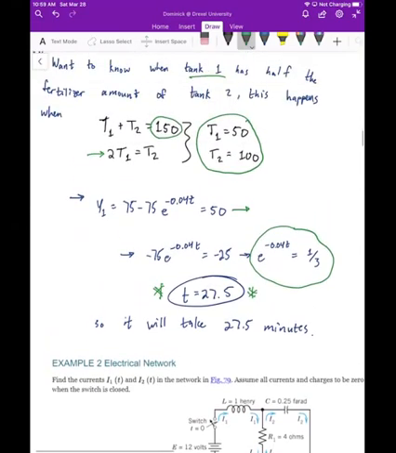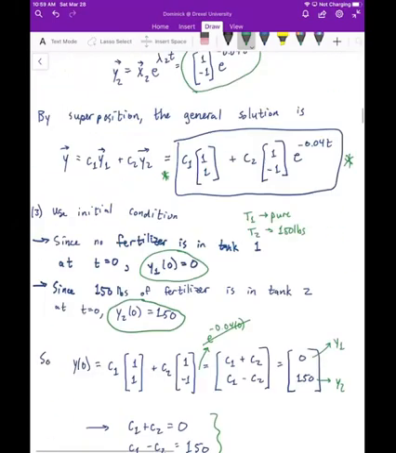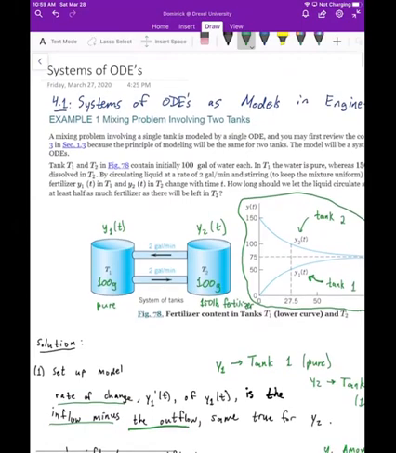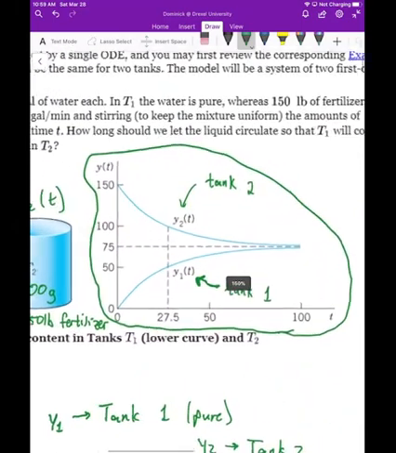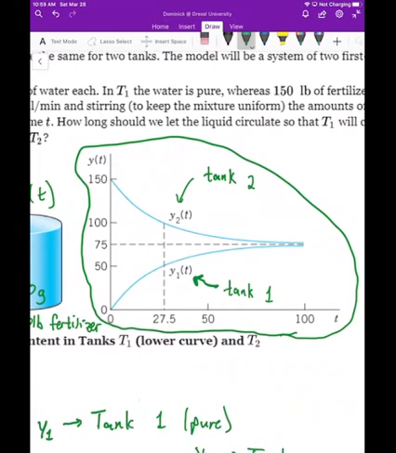Once you get t is equal to 27.5, that tells you that it will take 27.5 minutes for the amount of fertilizer in tank 1 to be half of what's in tank 2. And I just want to go back up to the graph at the top. That's what you're seeing here. They indicate that when you have this 27.5 value of t, that's when you have y1 corresponding to the 50 and y2 corresponding to the 100.